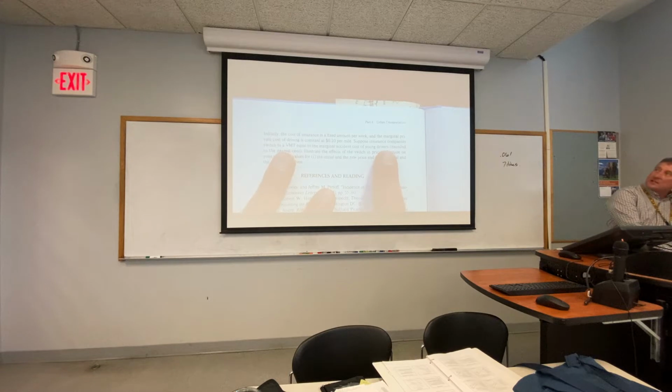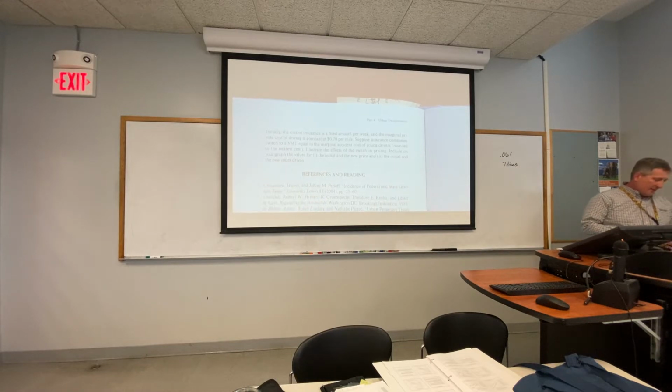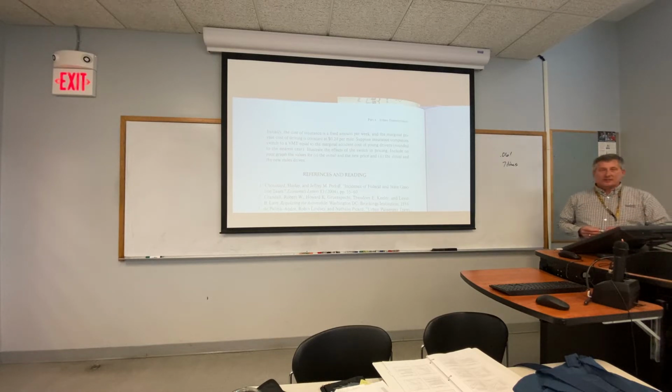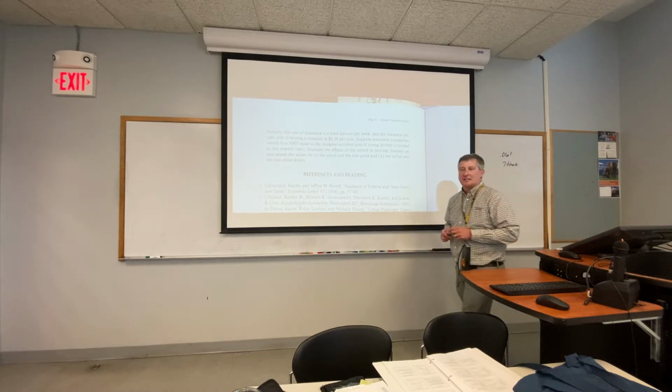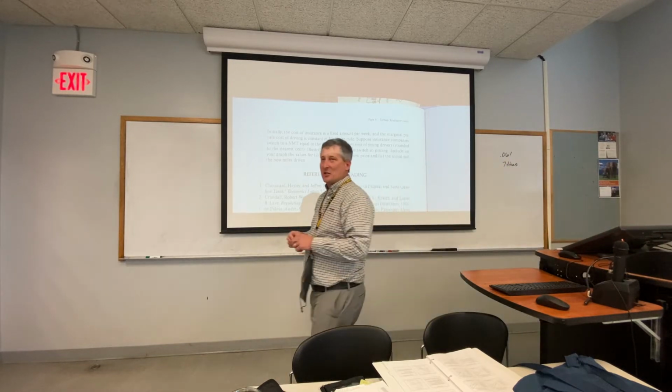Suppose insurance companies switch to a vehicle miles traveled tax equal to the marginal accident cost of young drivers, rounded to the nearest cent. Illustrate the effects of the switch in pricing. Include on your graph the values for the initial and new price and the initial and new miles driven. All right, so who's got a picture? Looks like this is a picture one.